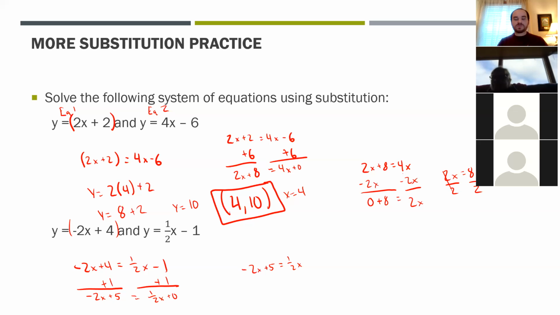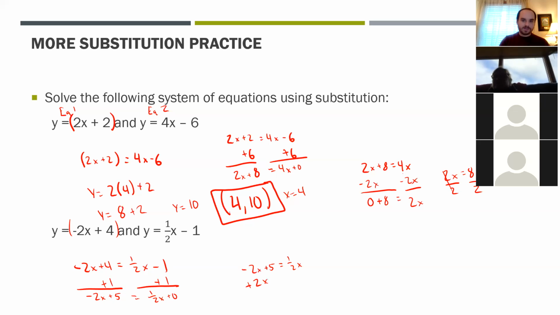And Barb, that is correct. We do want our x's on the same side. So can anybody think of a good way to get our x's on the same side? How about I be more specific? How do we move this negative 2x to the other side? Yep, we're going to add 2x.